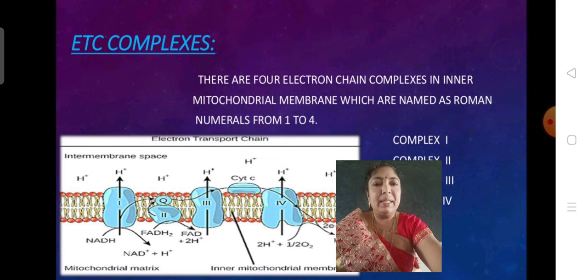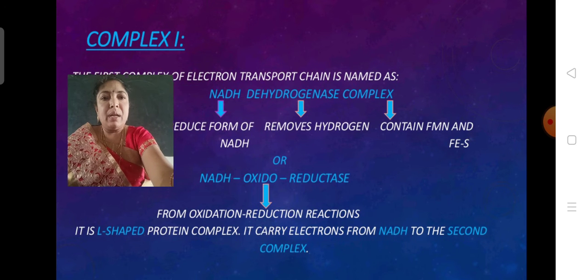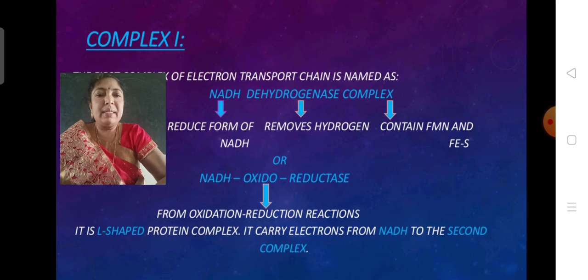Let us discuss complex 1. An oxidation reduction reaction occurs in this complex 1 of the electron chain, and it is named NADH oxidoreductase. So complex 1 consists of NADH oxidoreductase.